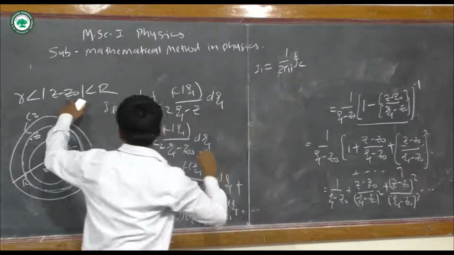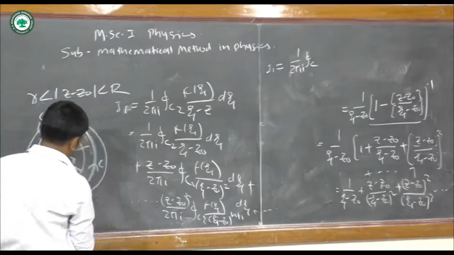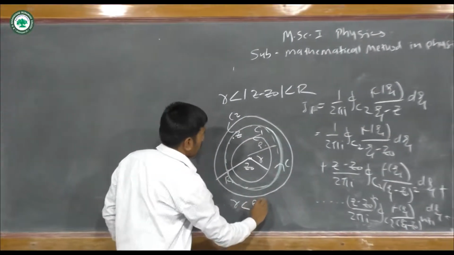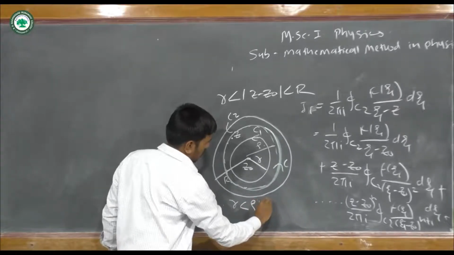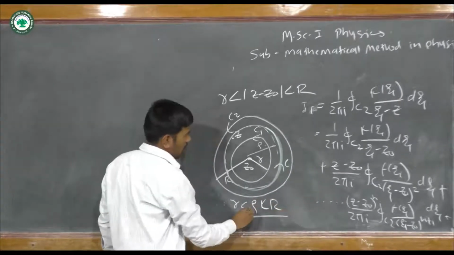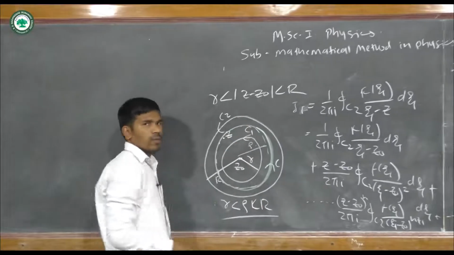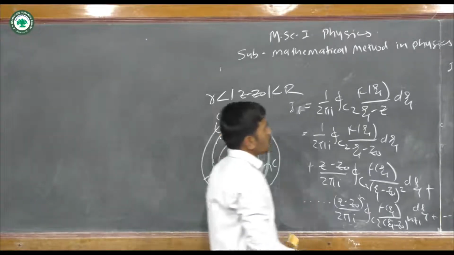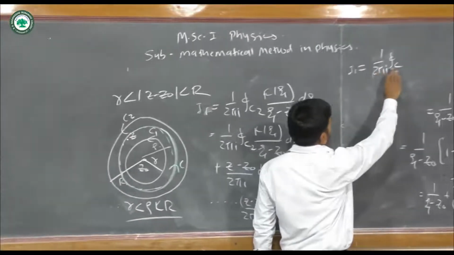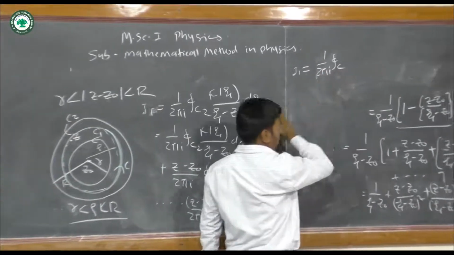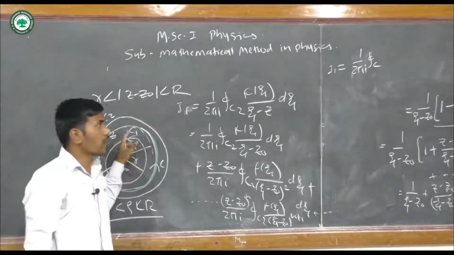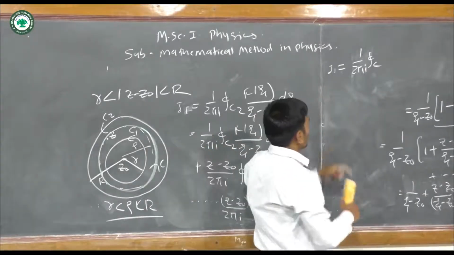Because we can write this as R less than rho and less than capital R. Okay, this rho is equal to z minus z naught, that is this C. So we just change the path. The value of the integral does not change if we change the path, according to the deformation of path. So that's why I am taking these things.